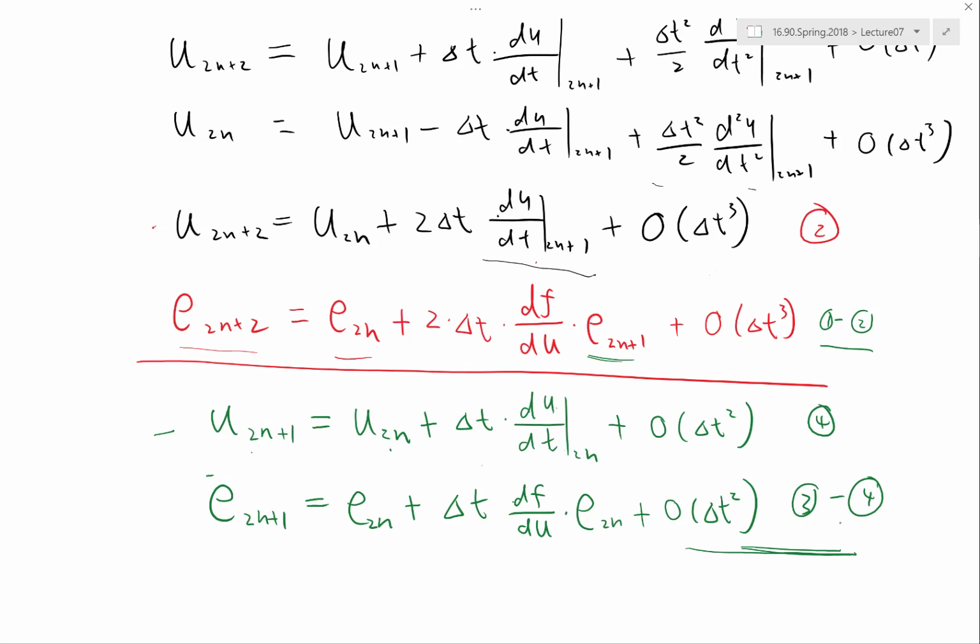So the contribution of the error in the odd terms only goes into here, which is multiplied by delta t. That's the magic thing that makes the error in the odd steps not carry over at the same order into the even terms. So it's okay to have the odd terms being computed at one order lower than the even terms and still get second order accuracy.